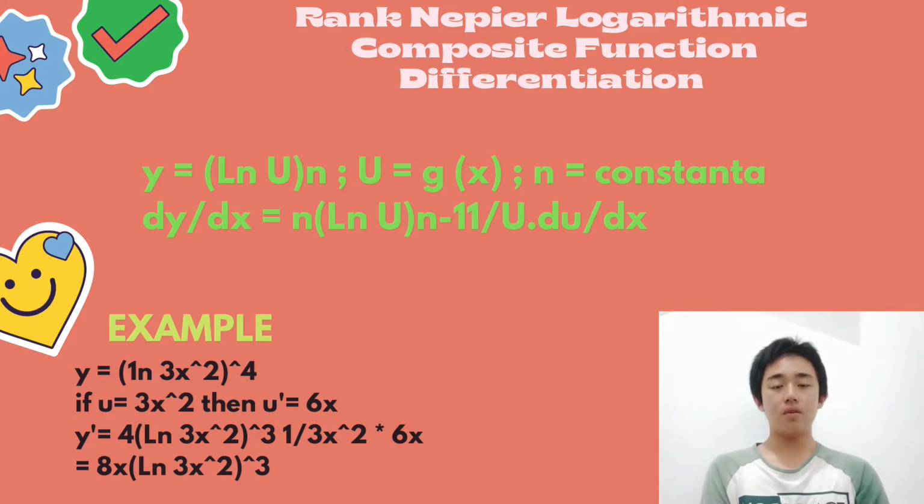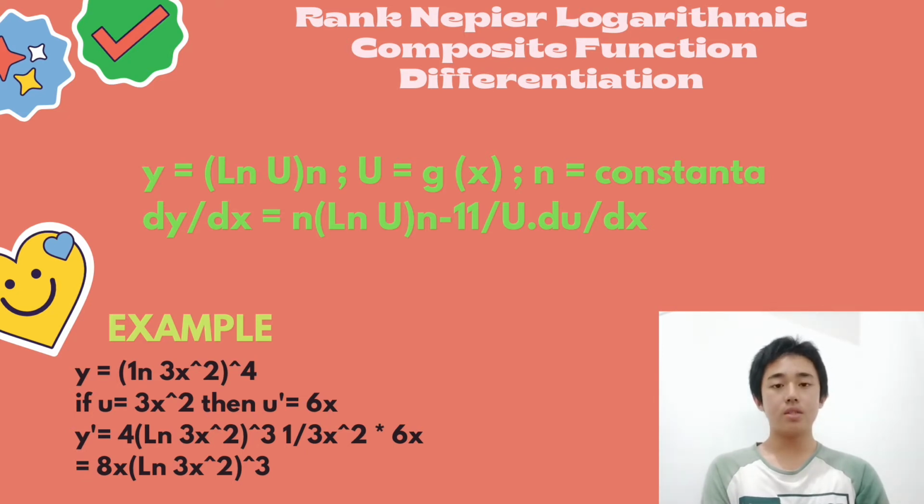The derivative of y with respect to x is 4 times (ln 3x squared) cubed. Why 4?